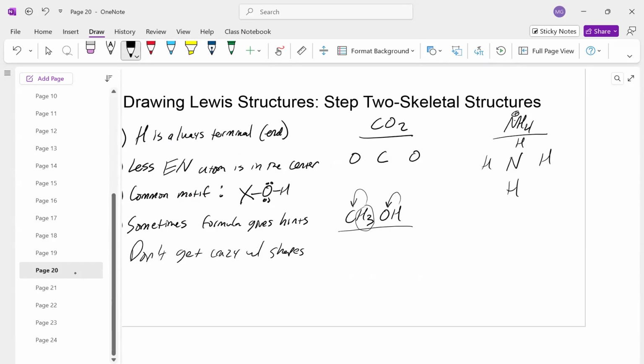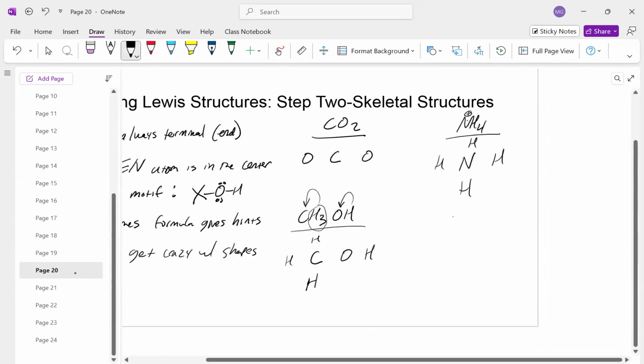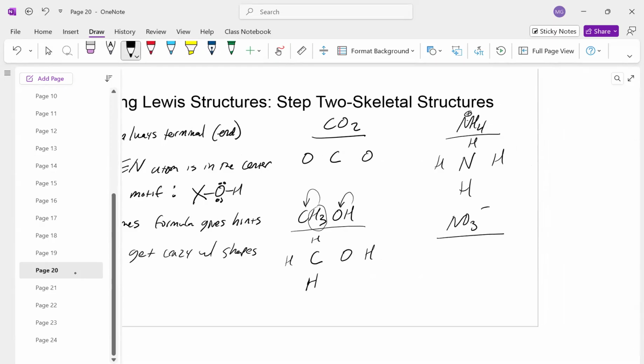So I'm going to put the less electronegative atom in the middle, put some hydrogens around it, and then I'm going to have the oxygen next, and then the hydrogen is going to be bonded to that oxygen. Now with nitrate, nitrogen's less electronegative than oxygen, so it's going to be in the center. And I'm just going to put the oxygens around it.